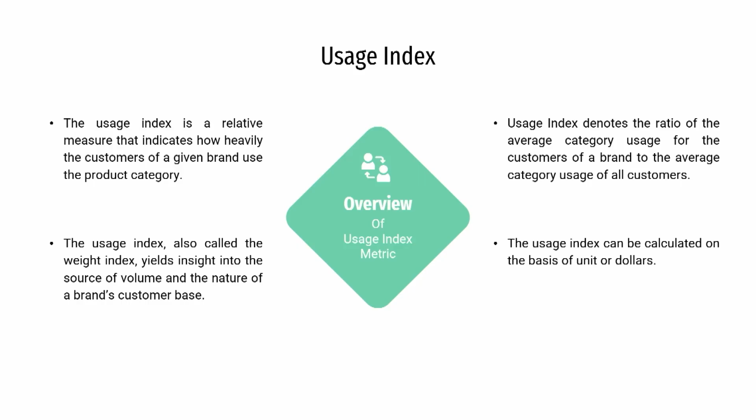So, basically it is a reflection of whether my brand user is heavier or lighter as compared to an average user in the market. Let's say my brand users are consuming on an average 2 units per week. On the other hand, an average user in the entire market is consuming 3 units per week.